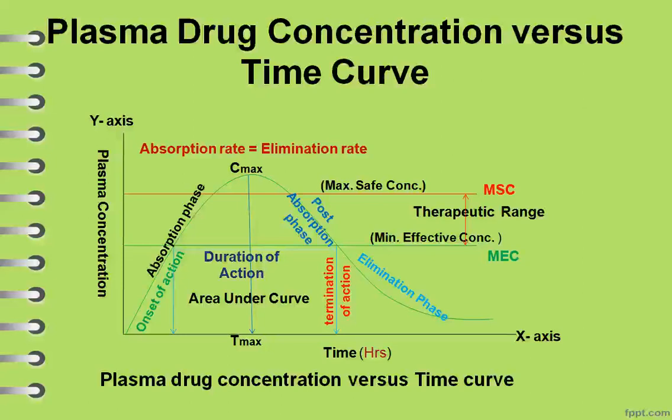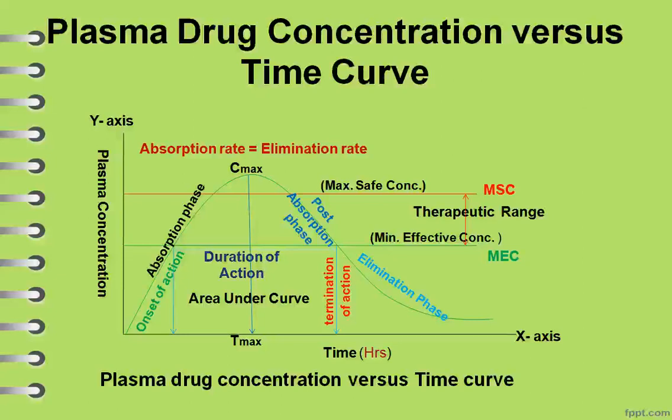The onset of action is the time at which the drug crosses the minimum effective concentration level, and the duration of action is the time the concentration stays above the minimum effective concentration, after which is the termination of action.